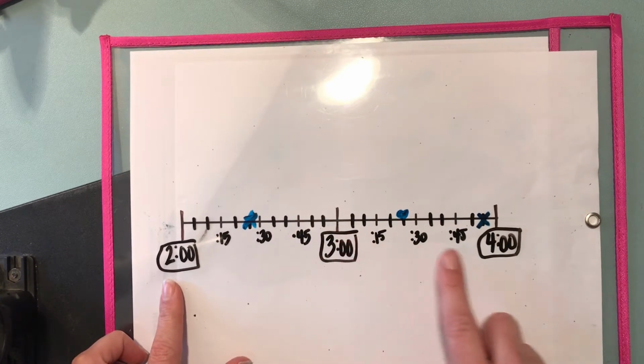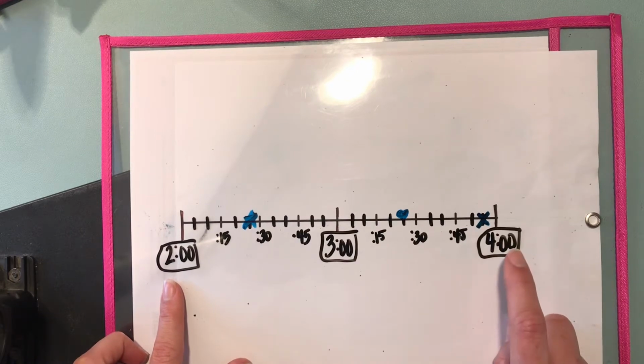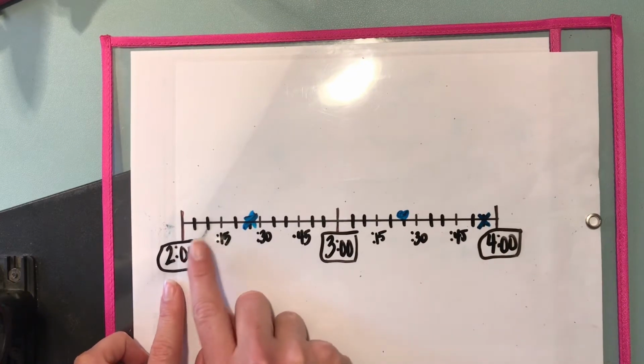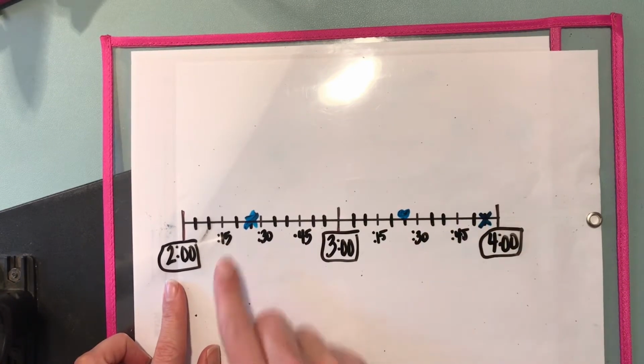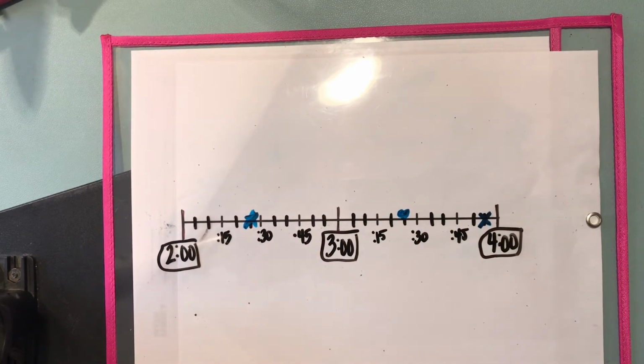Then it goes all the way to the next hour. So these are now being shown as increments of 5 minutes. Each line represents an additional 5 minutes.